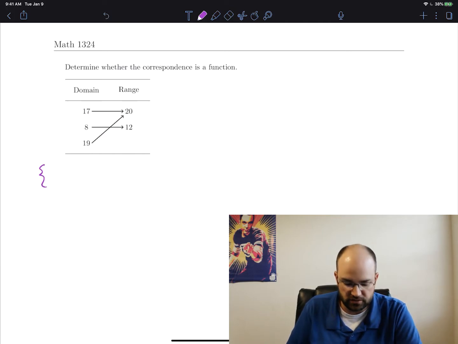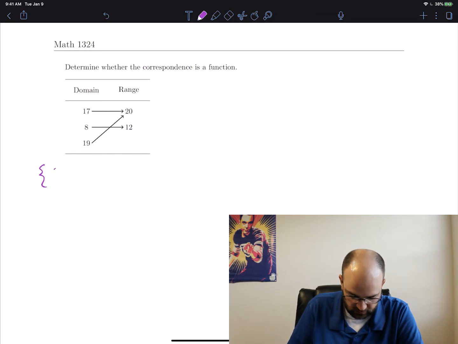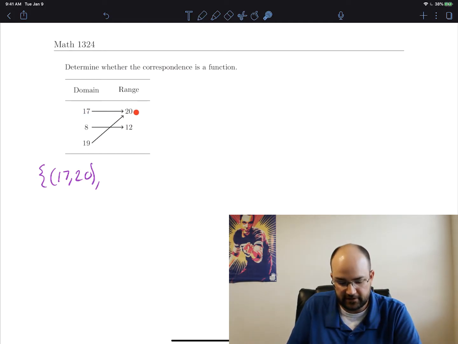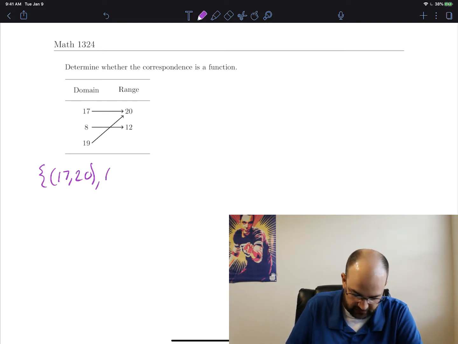using set notation, I'd have a set and then some coordinates. So the coordinates here would be the numbers 17, 20. 17 is the independent value, 20 is the dependent value. So it'd be 17, 20. Then of course we would have 8, 12.